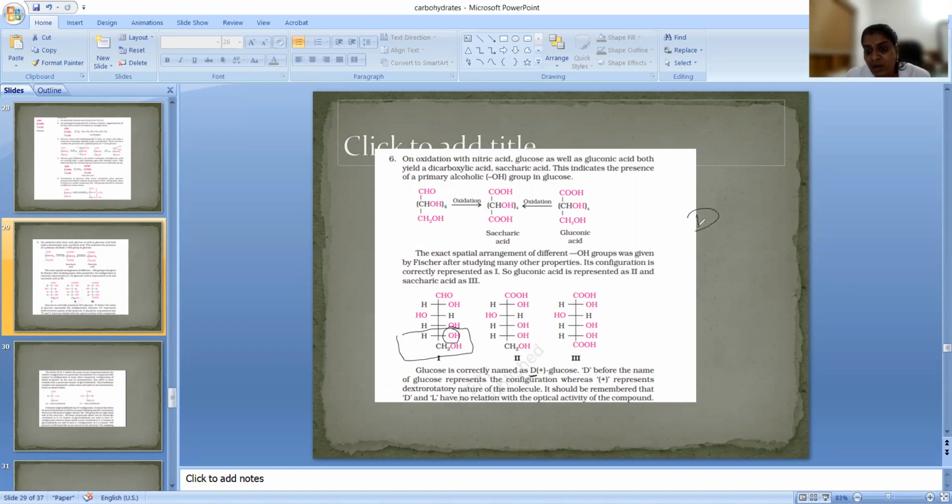So D or L indicates configuration, and plus or minus indicates optical rotation. D and L configuration we find using glyceraldehyde configuration. For plus or minus, we see the optical rotation, whether it is dextrorotatory or levorotatory, and we assign this.